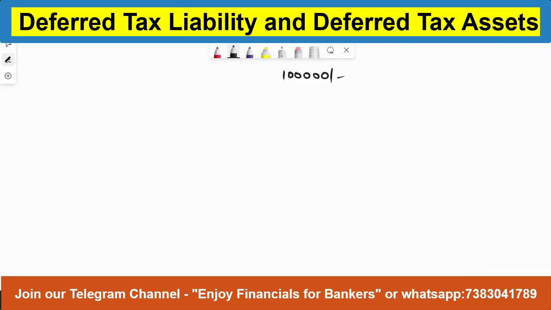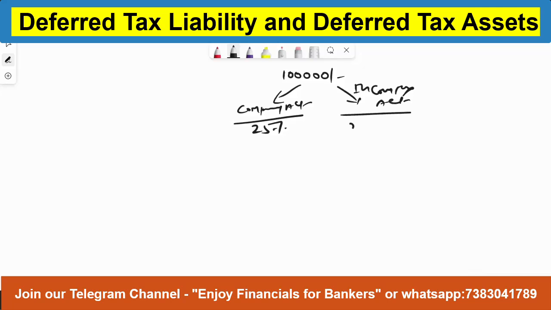Now as per the Company Act, the depreciation is 25%, and as per the Income Tax Act, the company has depreciation of 20%. The value of plant and machinery is 1 lakh.